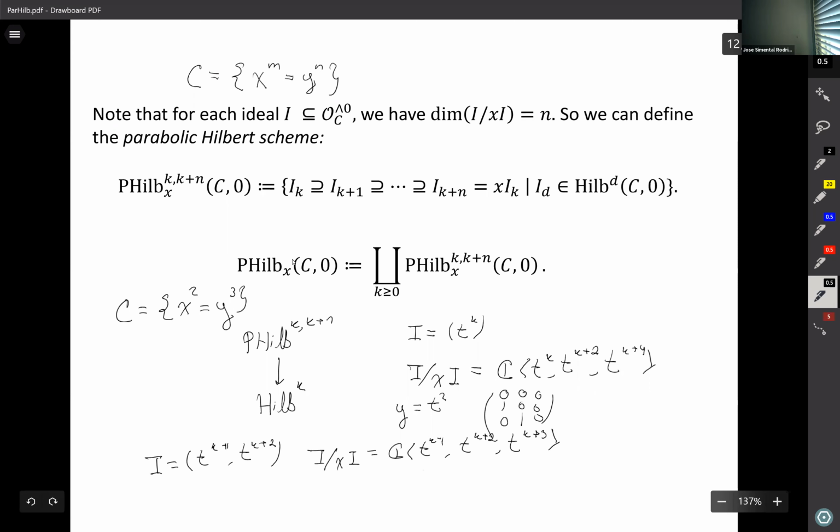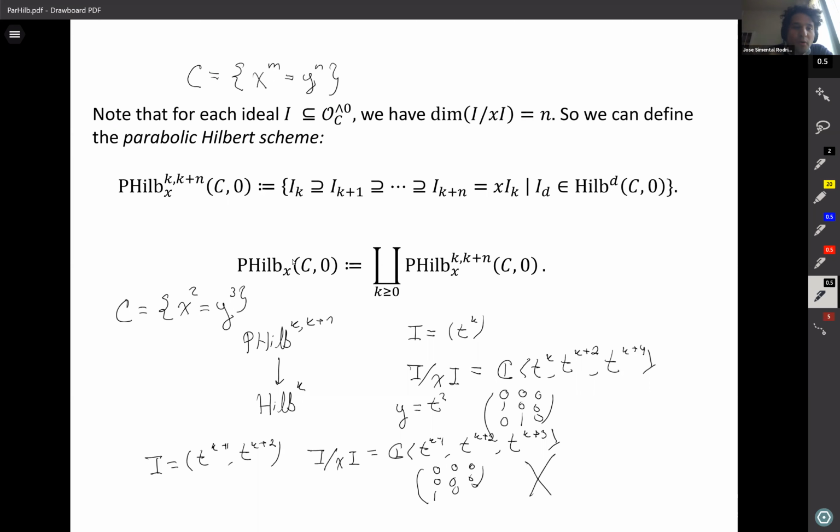And the action of y is now going to send t^(k+1) to t^(k+3), everything else to 0. The fiber over this point will be the Springer fiber for this nilpotent matrix, which is a union of two P1s that intersect at a point. So this map is not flat, and the geometry of the parabolic Hilbert scheme is more complicated than that of the usual Hilbert scheme.